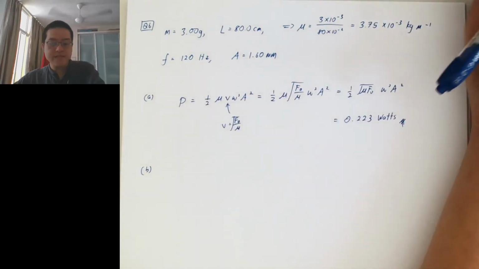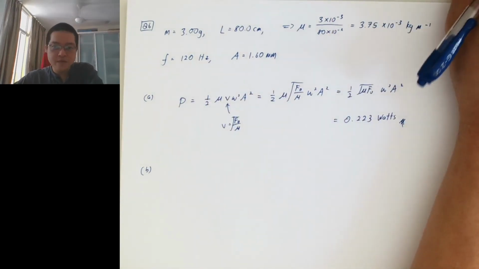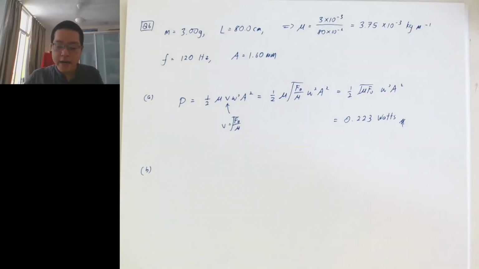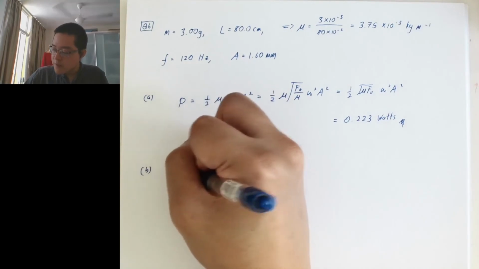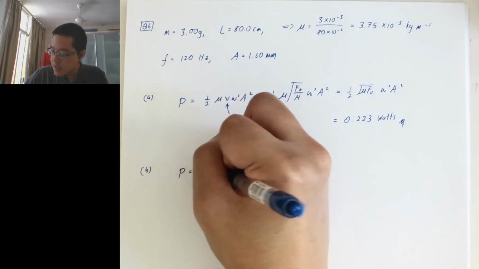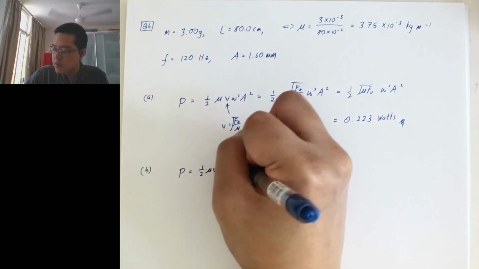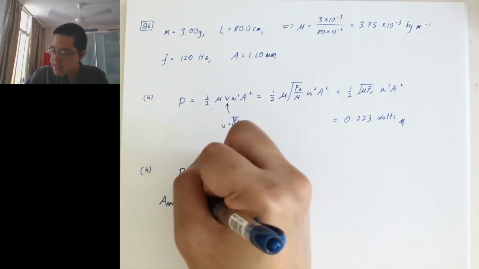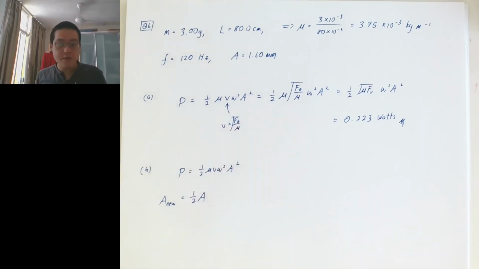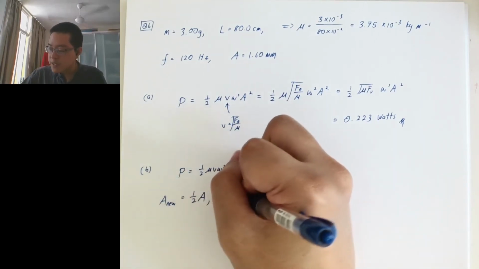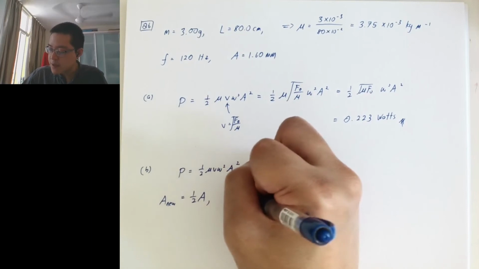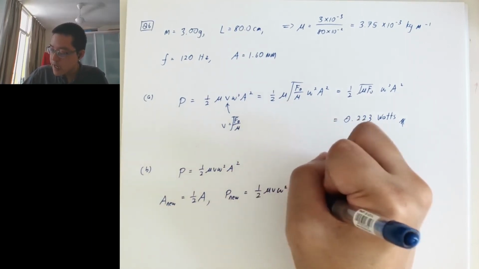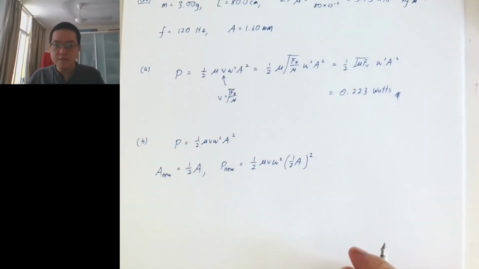And then for the second part, right? The second part is also very simple, because if the amplitude is halved, what happens to my average power? So my original formula was half mu v omega square a square, right? And if I have a new amplitude that is half of the original amplitude, then my new average power is half mu v omega square, half of my original amplitude squared.